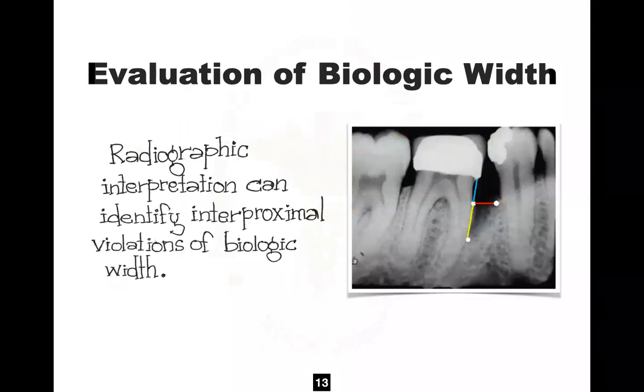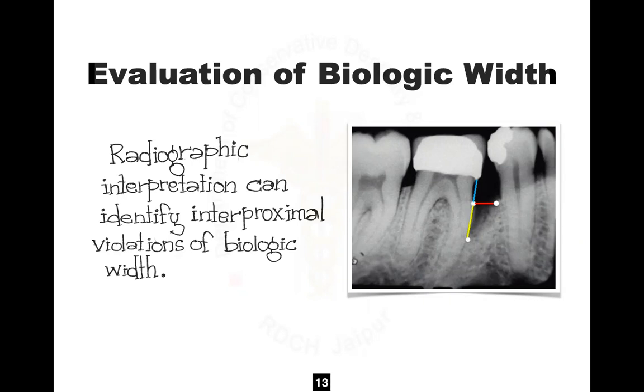So before the slide, I was talking to you about evaluation of biologic width, right? If we check the radiographic interpretation, we can see interproximal violations of biologic width happening in the slide. There is immense bone loss happening, but bone loss can be categorized under other diseases of the periodontium as well. So it's not a clear-cut indication that the problem is from biologic width.